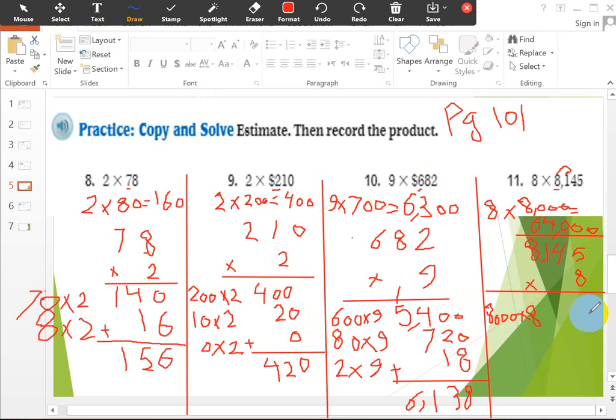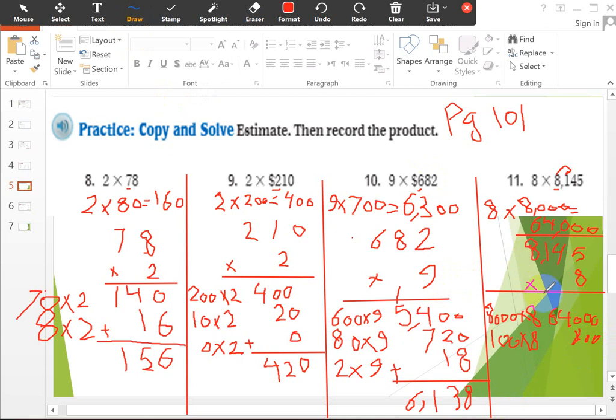8 multiply 8, as we said, equals 64, and put 3 zeros next to the answer. Now the value of the 1 in the hundreds digit equals 100. Multiplied by 8 equals 8, and put 2 zeros next to the answer, I'm sorry.